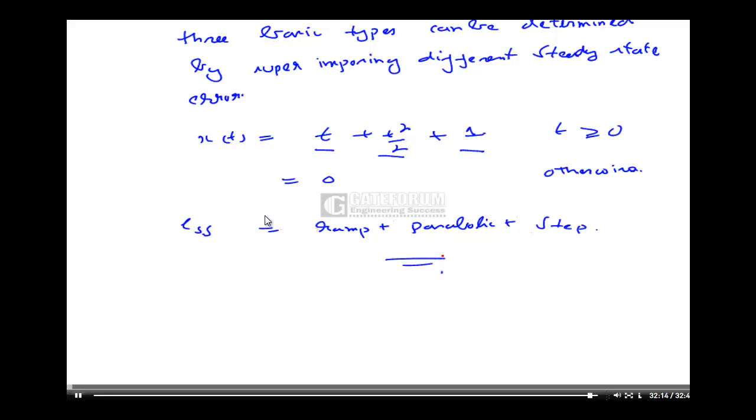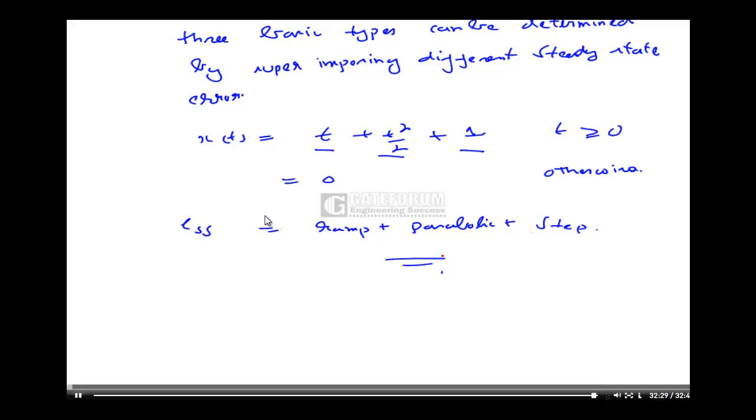So in this way, steady state error can be found. We will see this when we solve problems, how to find steady state error in such a case. It is just a superimposition of the various steady state error cases.